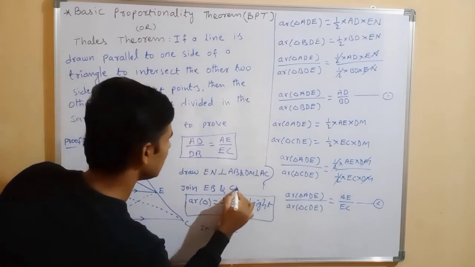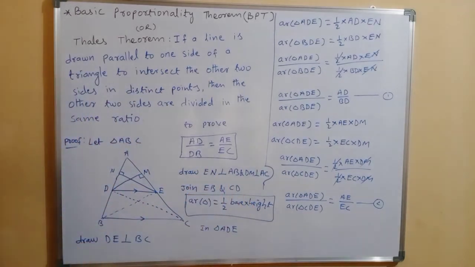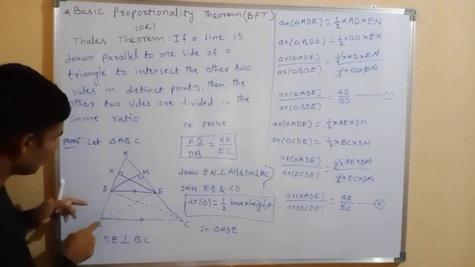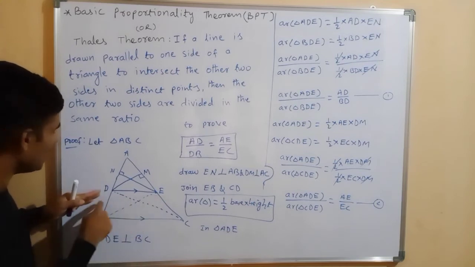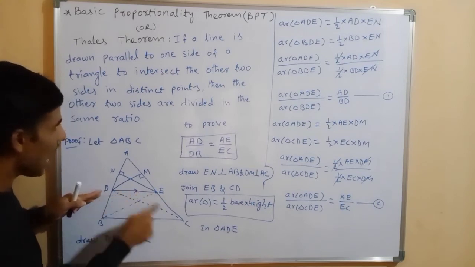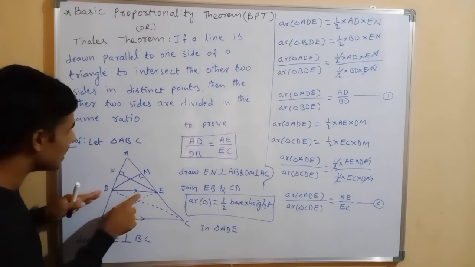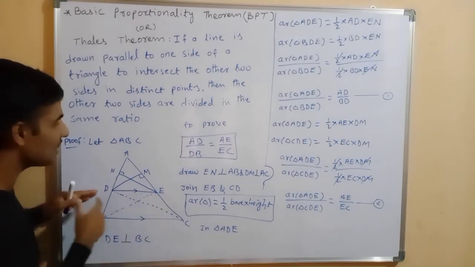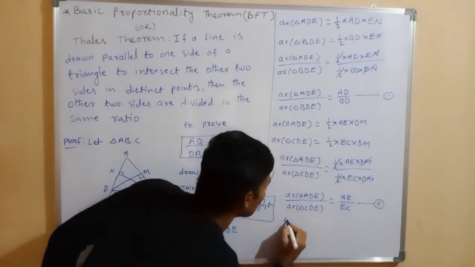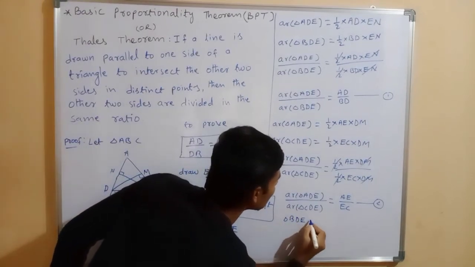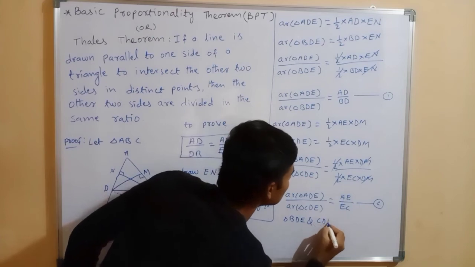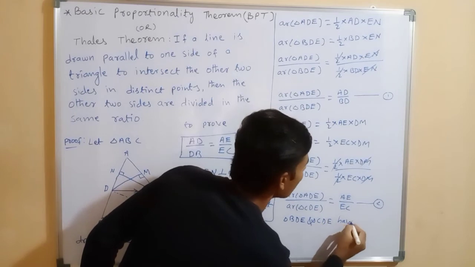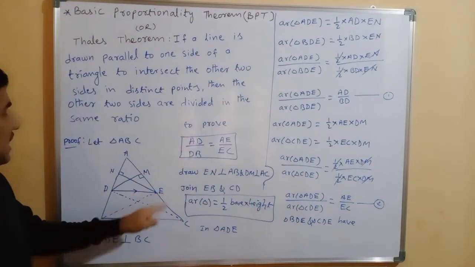Now see these two triangles, BDE and CDE. DE is common to both.